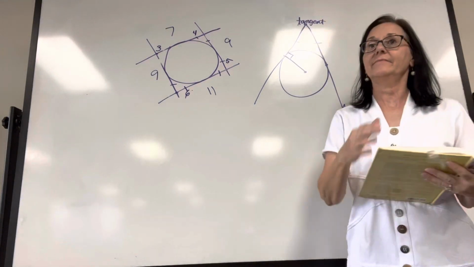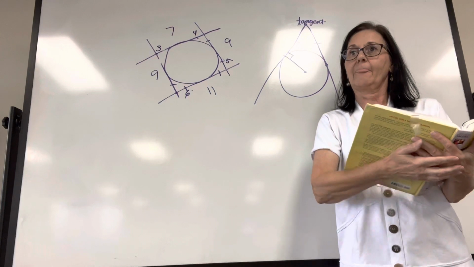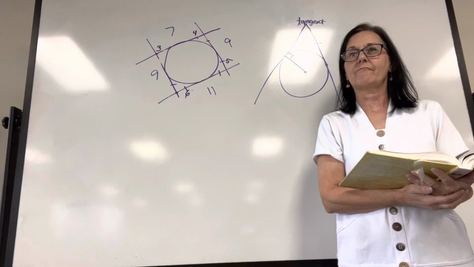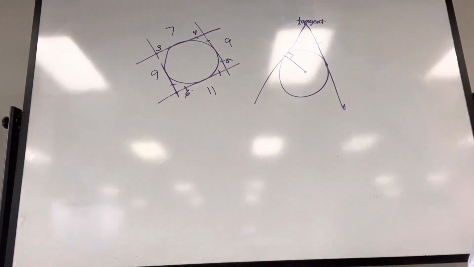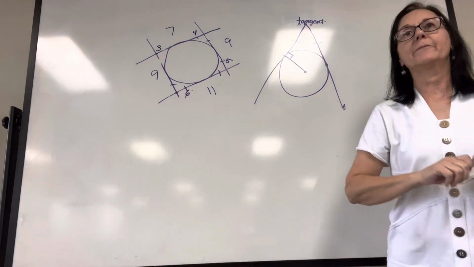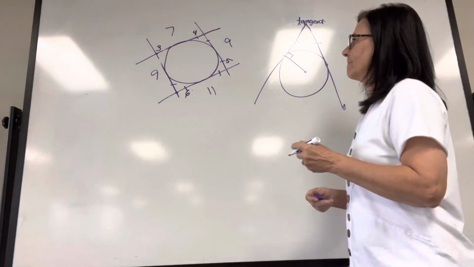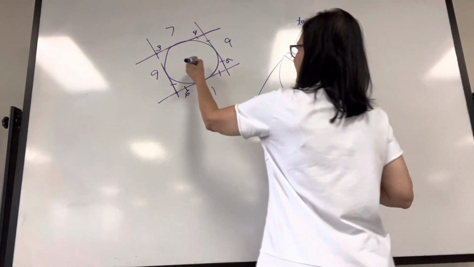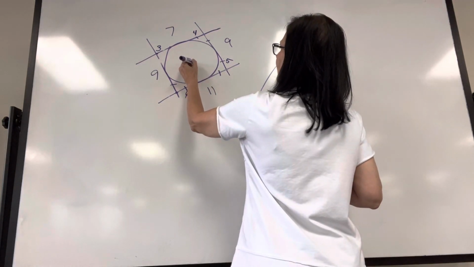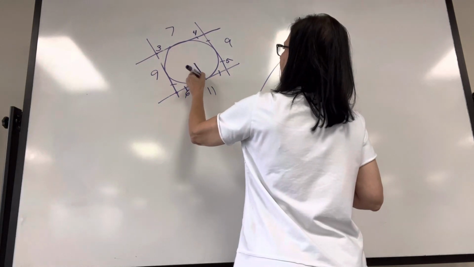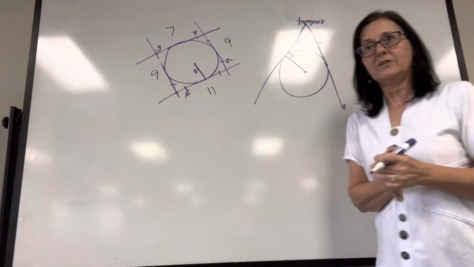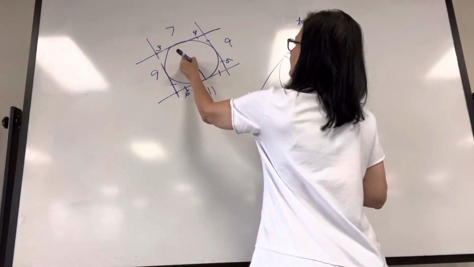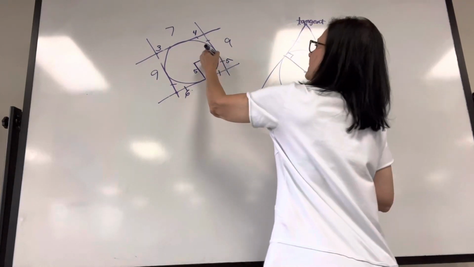Yes? If it's a perfect circle, wouldn't it always be a square? Or a rectangle? Okay, I'm going to show you what will always be a square, where I could possibly have a square. If I told you the radius was 5, then this would be a square.